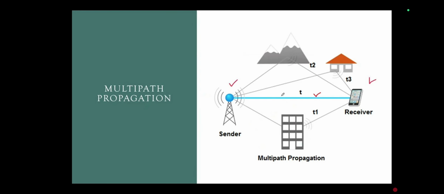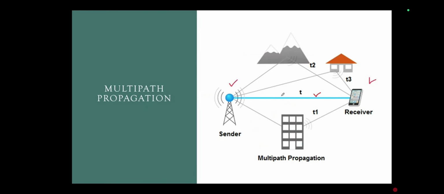This is a schematic diagram for multipath propagation. The sender sends the signals and the receiver receives the signals. The signal can travel through many obstacles, reflecting from the objects, and there are three possibilities: reflection, diffraction, and scattering.